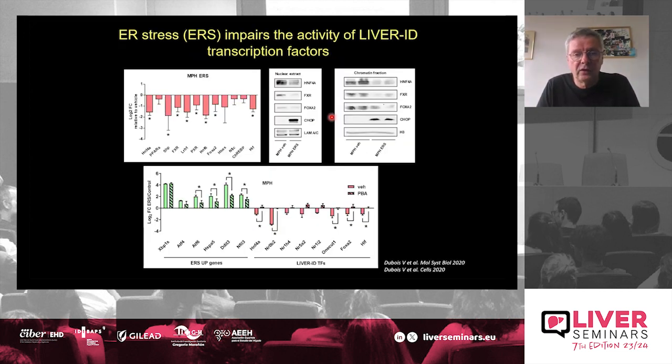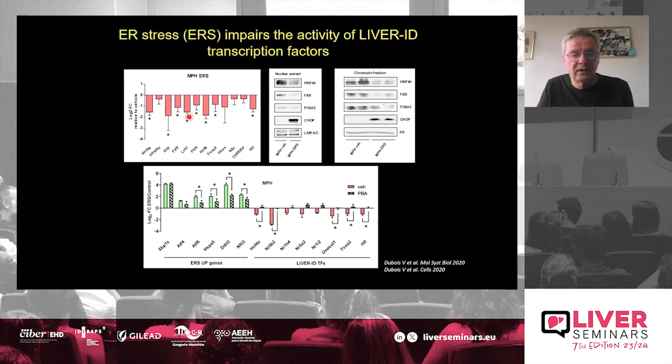And this shutdown is due to the fact that there is actually a downregulation of a whole set of transcription factors, which are very enriched in the liver and therefore are called liver ID transcription factors. And these factors are thought to work in concert to allow the hepatocyte to exert its function and have its hepatocyte phenotype.